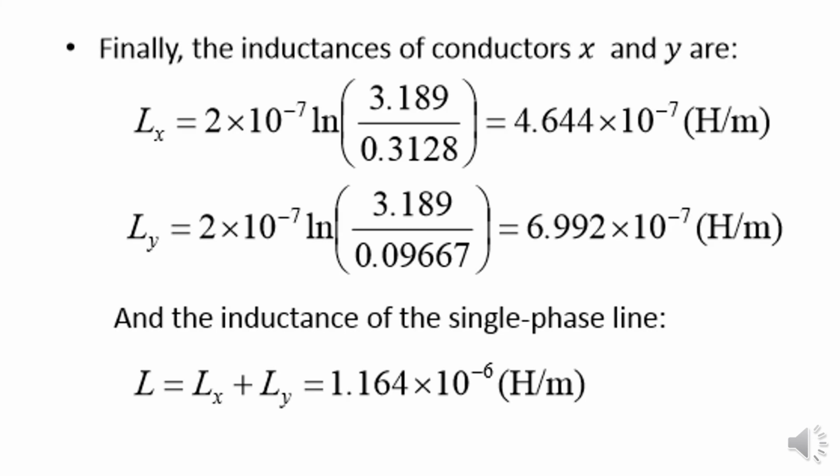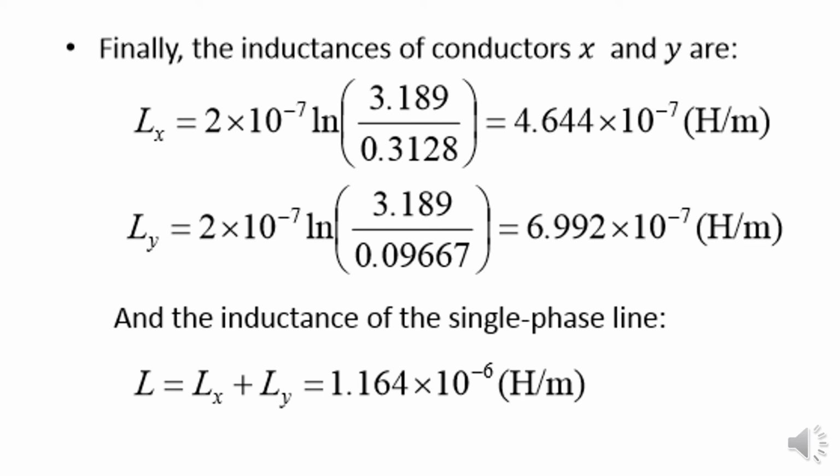Okay, so like this, Lx means the inductance of the first conductor, conductor x. So 2 into 10 to the power minus 7 into ln 3.189, right?